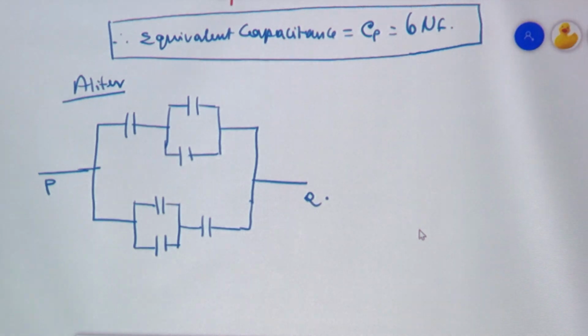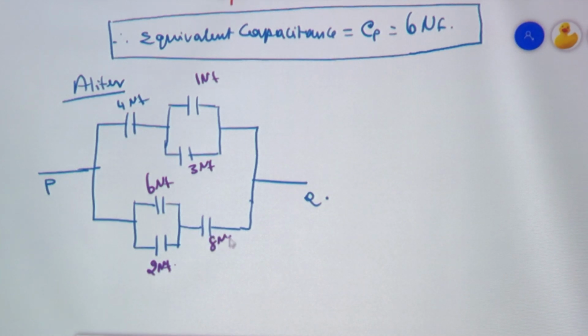See, we are very clear. The values are given as, this is 4 microfarad, this one 1 microfarad, this one 3 microfarad, this one 6 microfarad, this one 2 microfarad, and this one 8 microfarad.